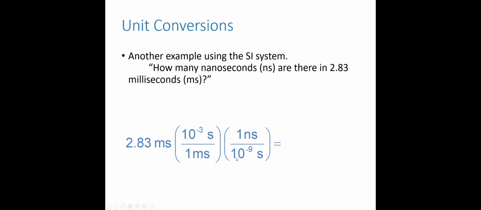And the meaning of nano is 10 to the minus 9 seconds. Now let's look at everything that crosses out, milliseconds and milliseconds, seconds over seconds. So the unit that's left over is nanoseconds. And when we put this in the calculator, we should come up with 2.83 times 10 to the 6th nanoseconds.